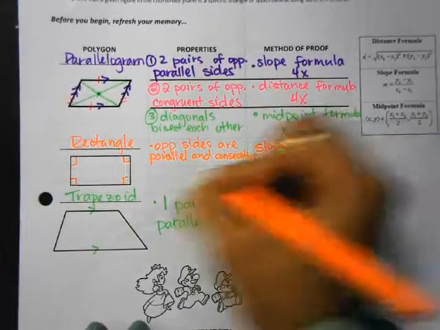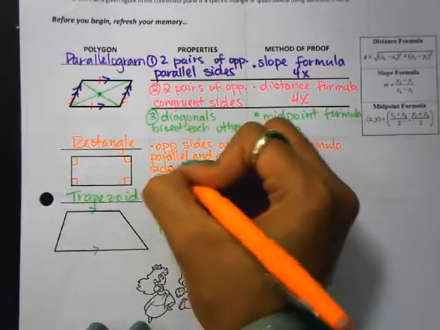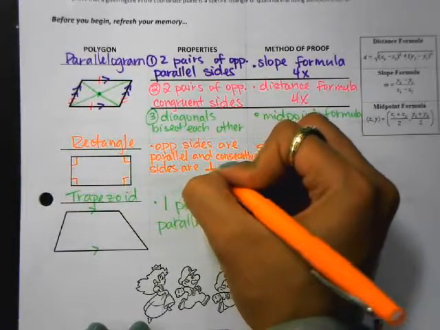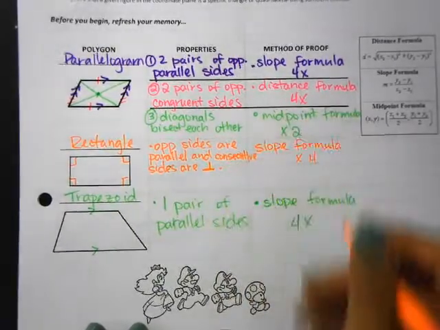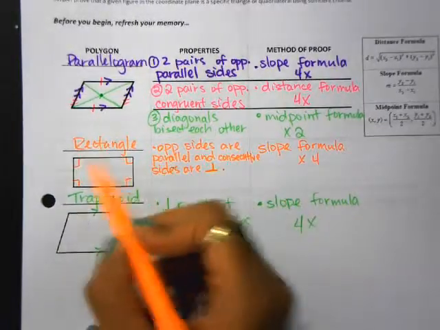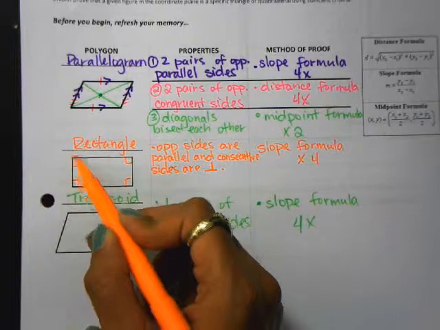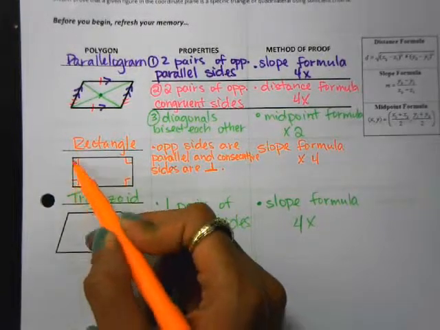And I'm going to write the perpendicular symbol since I'm running out of space. Perpendicular. So opposite sides are parallel, so that's parallel to that. This is parallel to that. And consecutive sides are perpendicular. So this is perpendicular to that. This is perpendicular to that. This is perpendicular to that. And this is perpendicular to that.